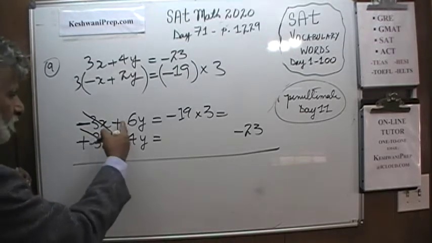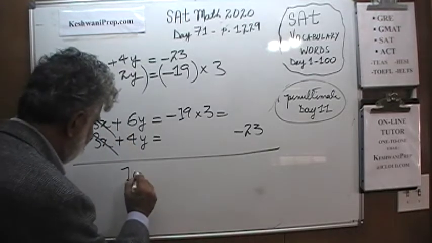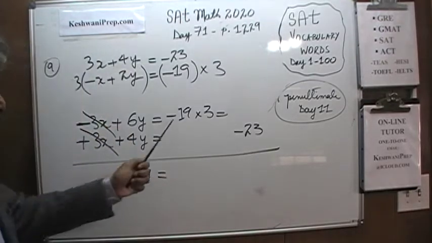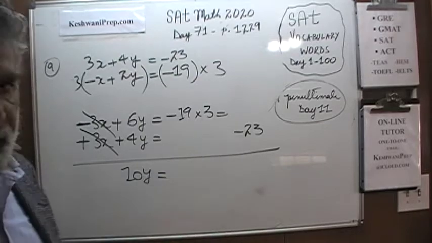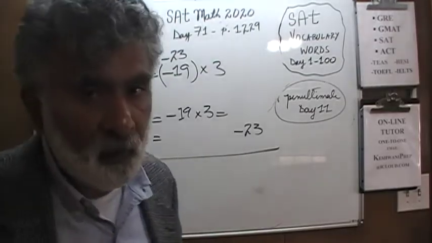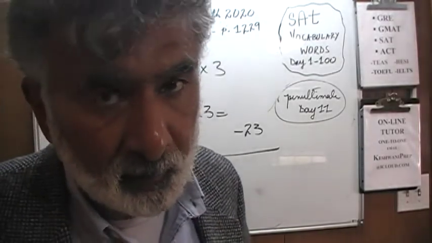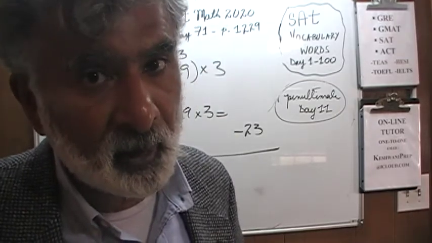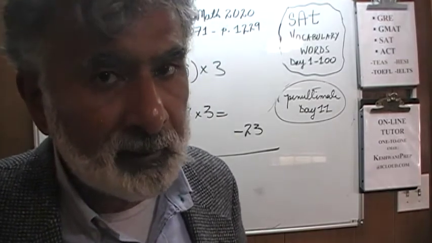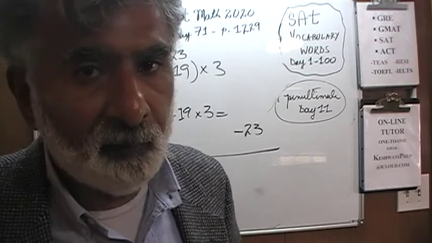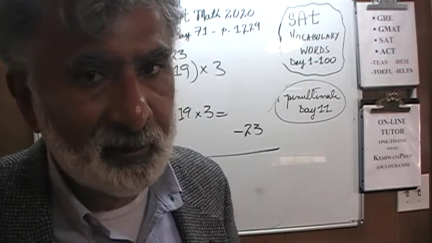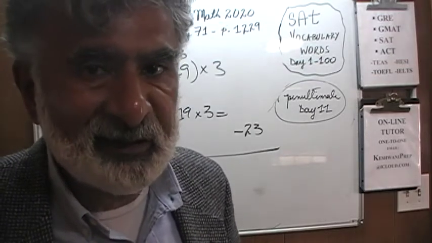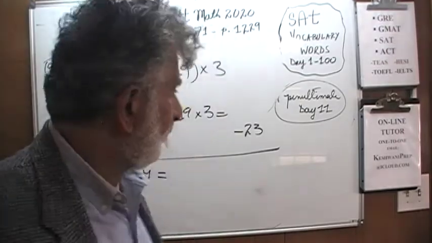There we go. So 6 plus 4 is 10y is equal to, we just have to figure out what 19 times 3 is. I have no idea what 19 times 3 is, but I do know what 20 times 3 is. I'm very bright. I do know that 20 times 3 is 60. If 20 threes are 60, then 19 threes must be 3 less than 60, which is 57.